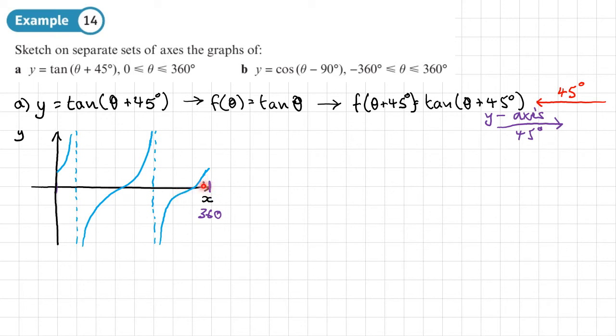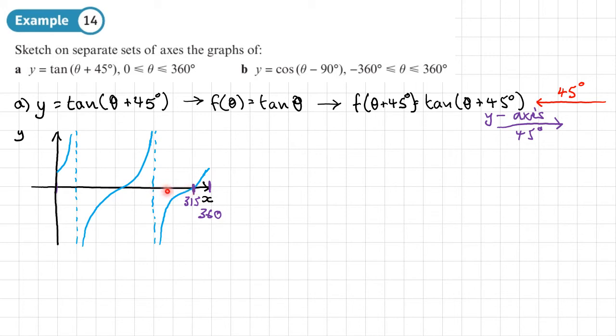So it's moved by 45, so if I take 45 away from 360, this point here is going to be 315 degrees. And then if I just keep on taking off 90s, I'll get these, because in the normal one it's like 0, 90, 180, 270, it's every 90 degrees. So if I've got 315 there, this asymptote is going to be 90 degrees before this.